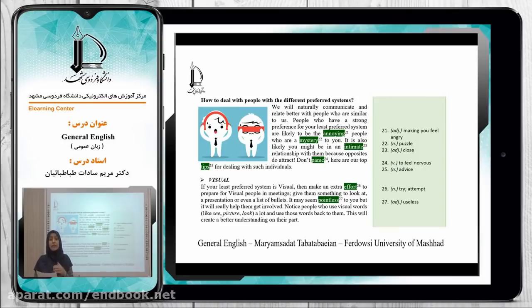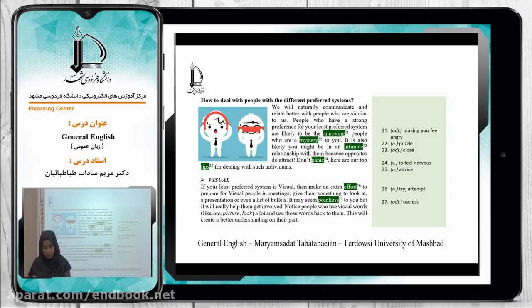It says, give them something to look at, for example, a PowerPoint presentation, because they like PowerPoint presentations. Or even a bullet list, list things for them so that they understand them more clearly. It says it may seem pointless to you, but it will really help them get involved.